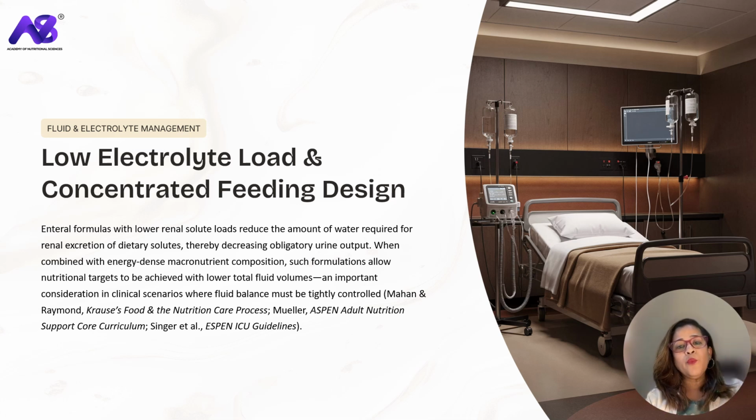When combined with energy dense macronutrients, they allow nutritional targets to be achieved even with a low total fluid volume. We always face this problem in the ICU where we want people to have lesser volume and higher calories and protein. So this is one thing you can look at: low electrolyte load and concentrated feeding designs.